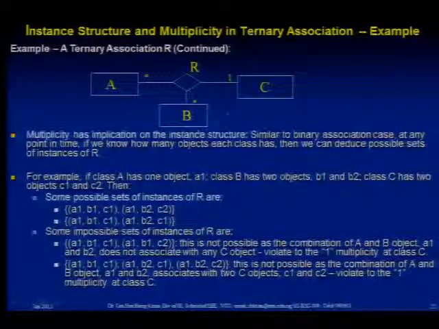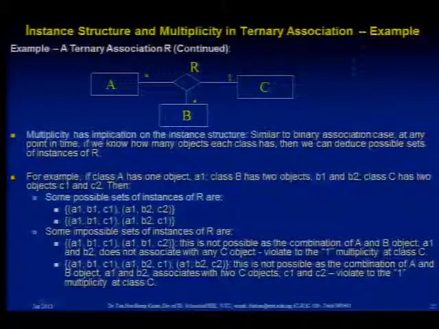Okay, and the BC second combination, B1, C2. How about B1, C2? B1, C2 is not here, and B1, C2 is also not here. That means B1, C2 does not appear in any tuple. That means it does not associate with any A object; in other words, it associates with 0. So 0 is okay. It's within 0 to many.